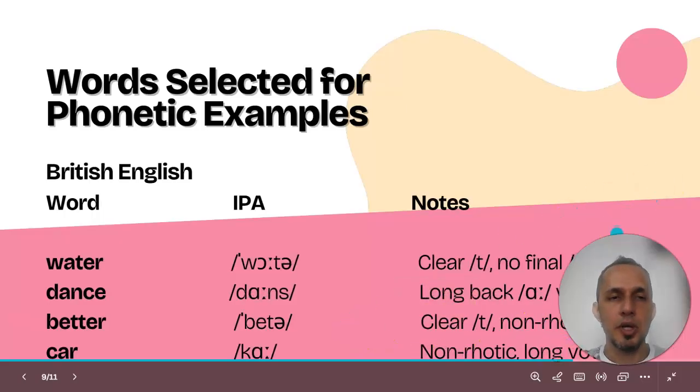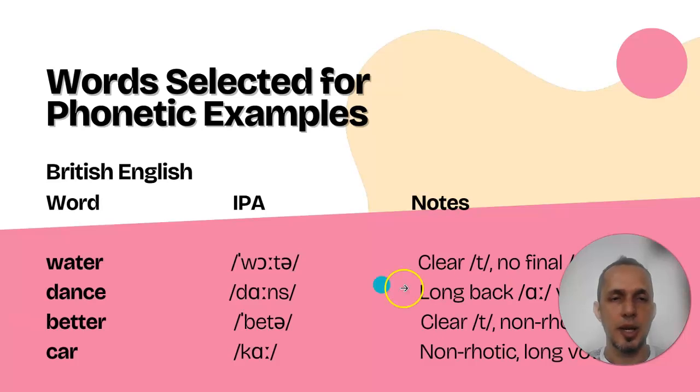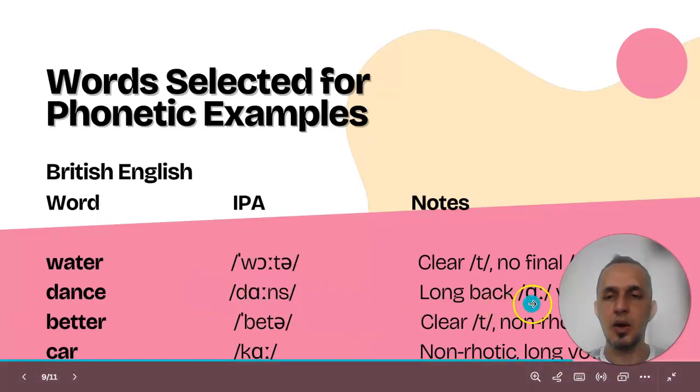And now with British English, the same words with the IPA chart transcribed as well. Water, clear T, non-final R. And the word dance, it is a long back A vowel.